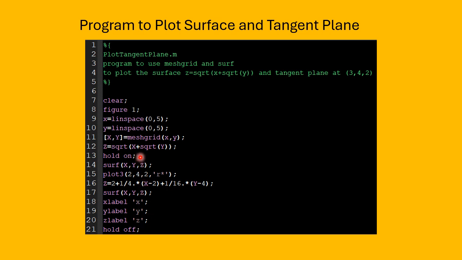If you notice, we had hold on here, hold off here. So everything between here and here, which basically makes two plots, will be shown on the same axes. So we'll see the surface, we'll see the tangent plane, and we'll also see the point of tangency, which is 2, 4, 2, which we plotted right here.